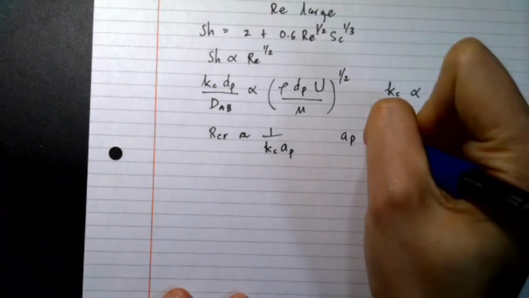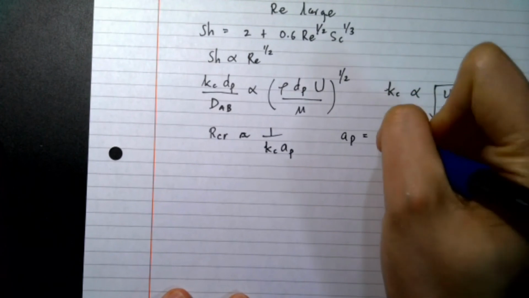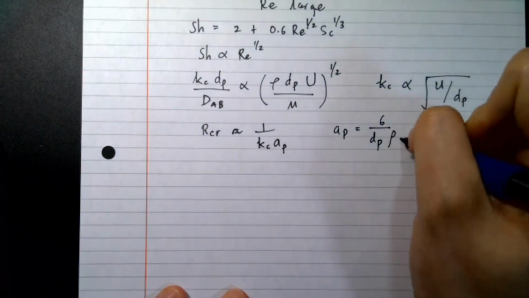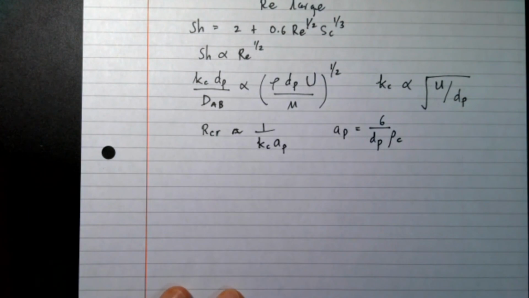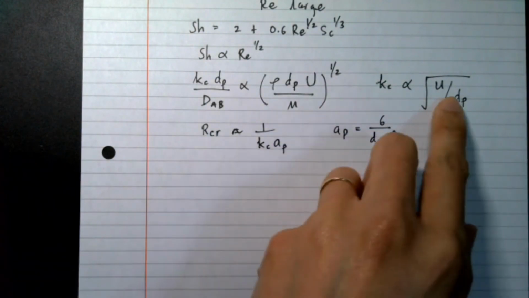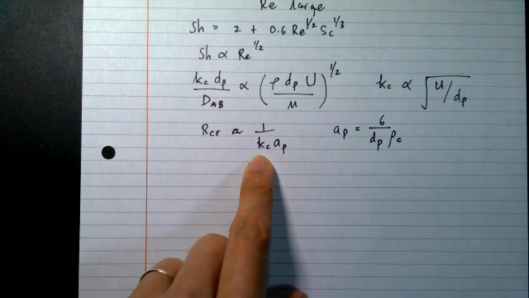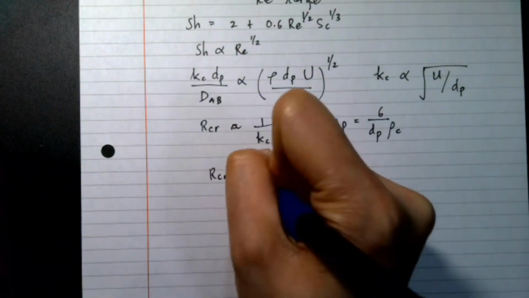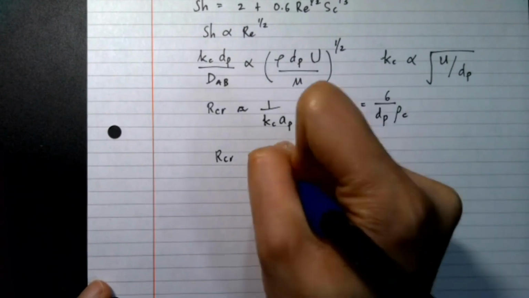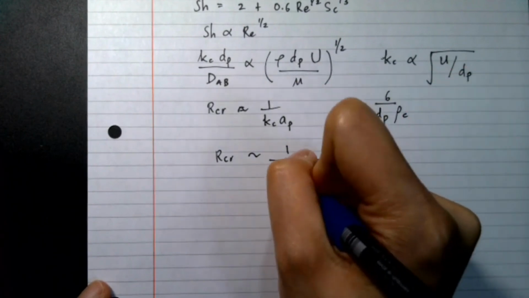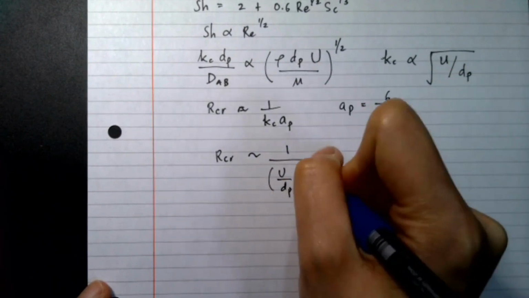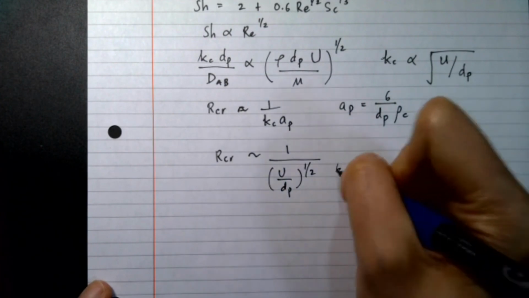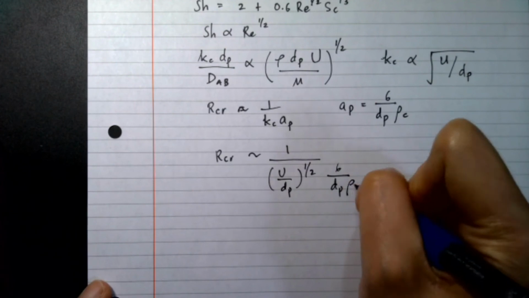And we know that the external surface area is equal to 6 divided by the particle diameter times the density of the particle. So we can substitute Kc and AP into here. RCR is approximately equal to 1 over the square root of u over dp, and AP, which is equal to 6 over dp times rho c.